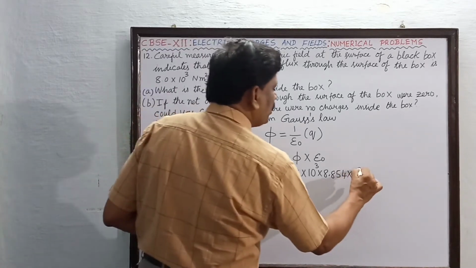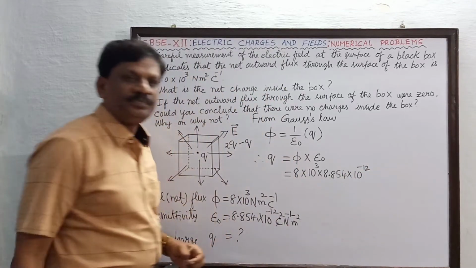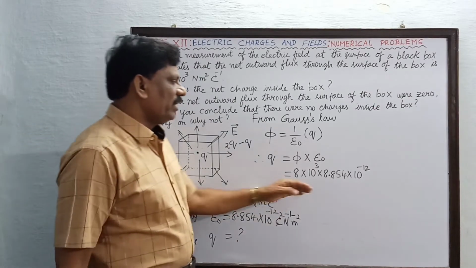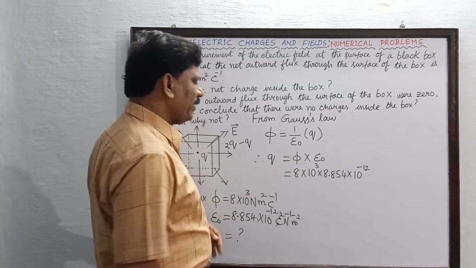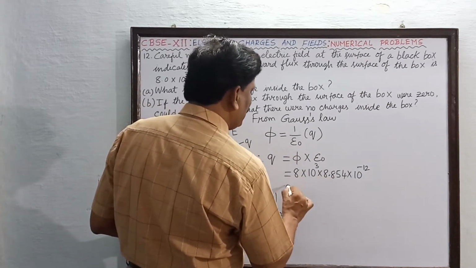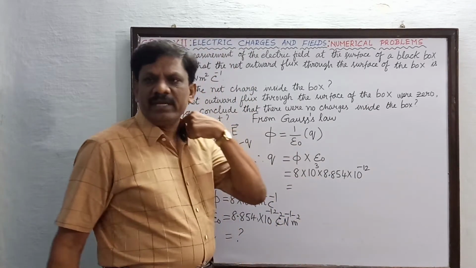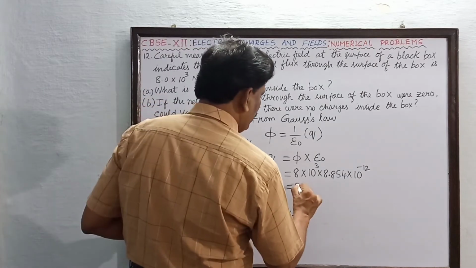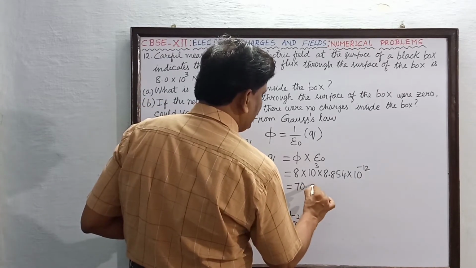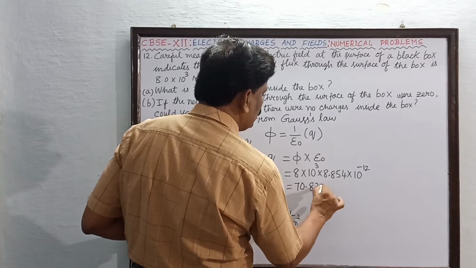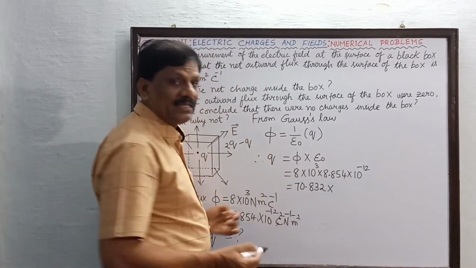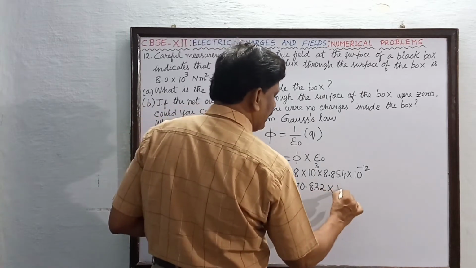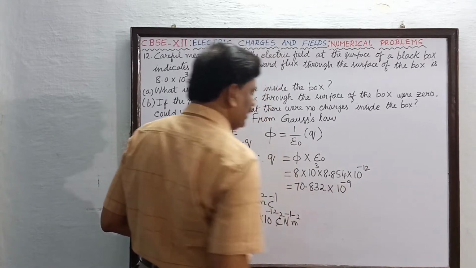I want to multiply these two numbers. 8 into 8.854 is found to be 70.832. Into 10 power minus 12 multiplied by 10 power 3 is 10 power minus 9. So 70.832 into 10 power minus 9.